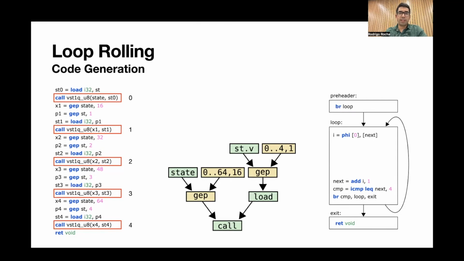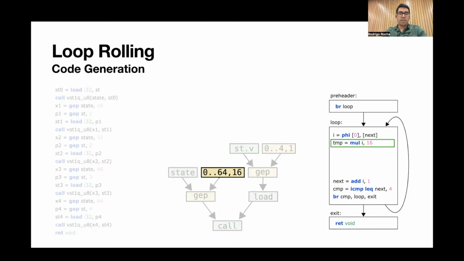Once we have created this overall structure of the loop, we produce the code for the alignment graph in a top-down manner. If we start with the highlighted node, this node computes the sequence from 0 to 64, always incrementing by 16.